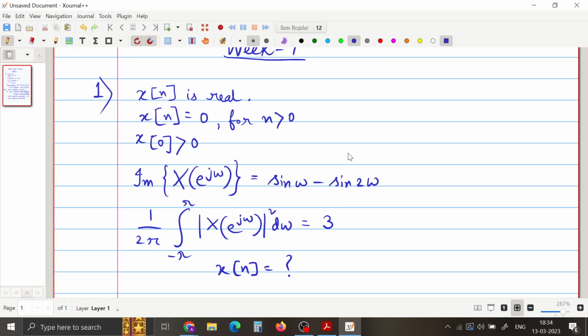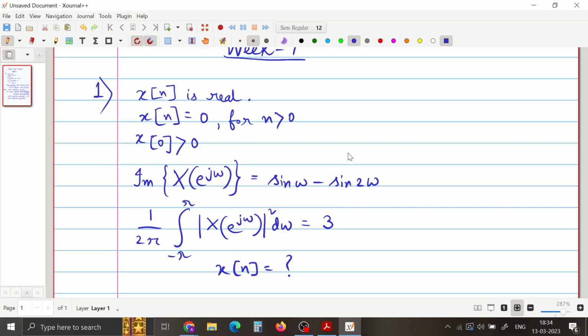Since in this problem the imaginary part is given and x of n is given to be real, there is a possibility of utilizing this consequence, right? So we will be using this result in this problem. And by the way, capital X of e power j omega is the Fourier transform of x of n. It is in general a complex number.